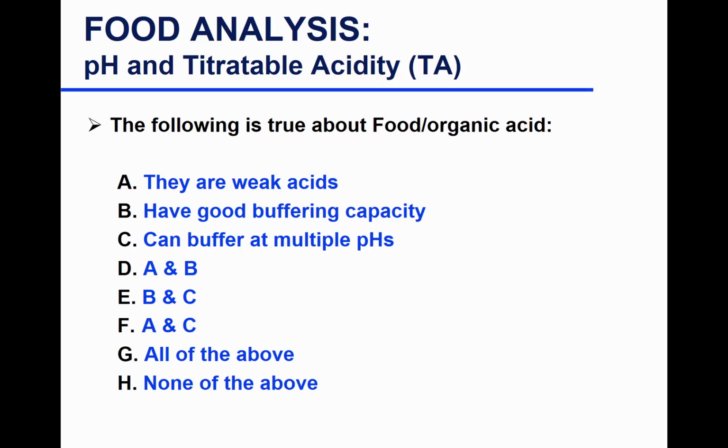And the optimal buffering capacity is when the pH is equal to pKa. So if you have 3 pKa's, the organic acid can buffer at 3 different pHs, because each carboxyl group has a different dissociation factor. And because they are weak acids, they have good buffering capacity.